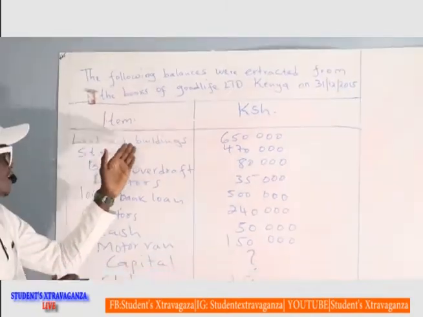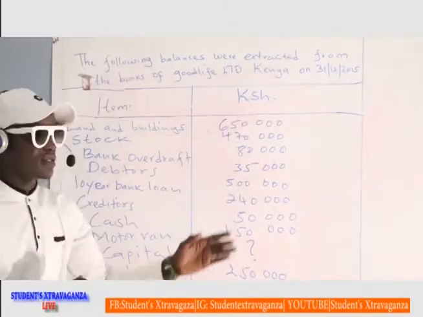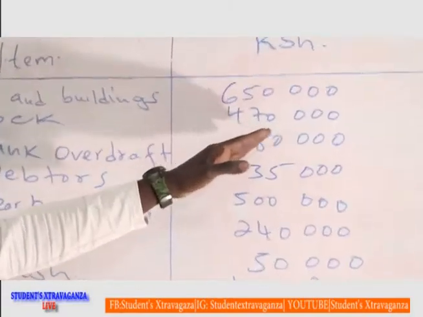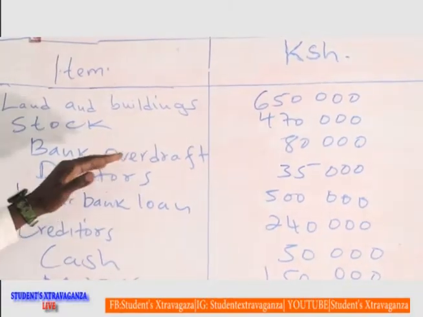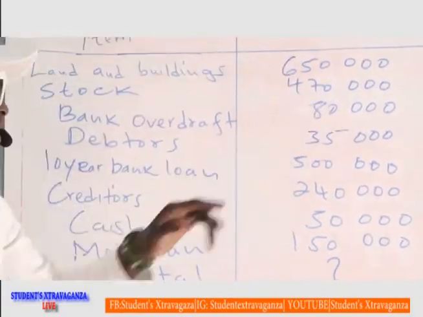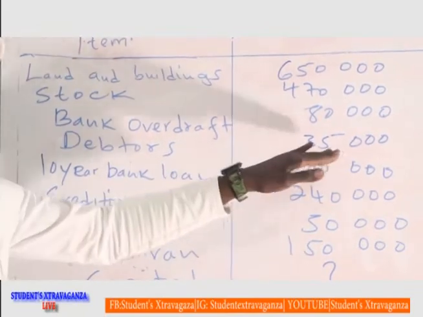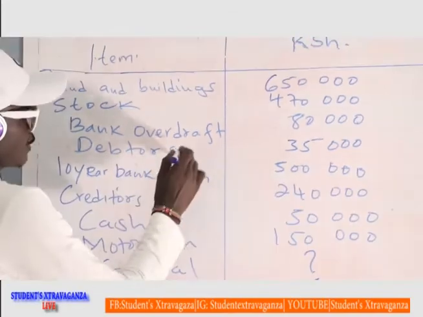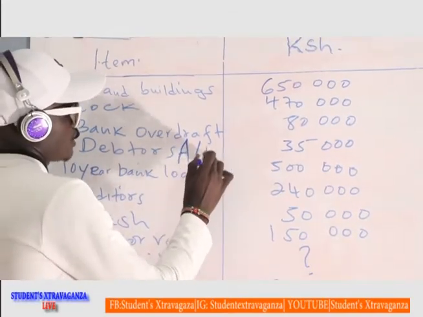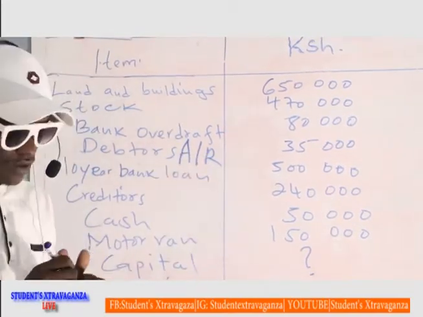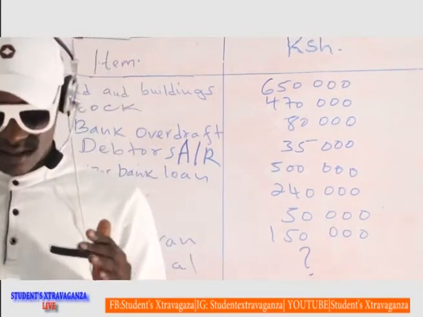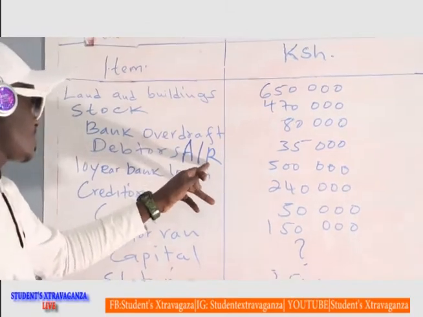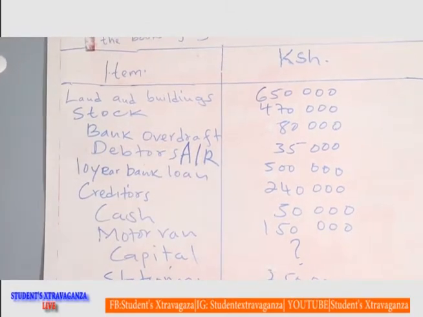We have land and buildings, 650,000. Stock, 470,000. Bank overdraft, 80,000. Debtors, 35,000. Debtors is also referred to as accounts receivables. Those of us who are in institutions of higher learning, we refer to it as accounts receivables.